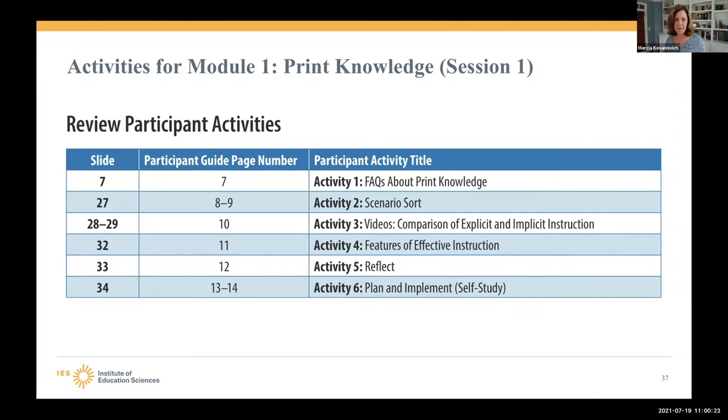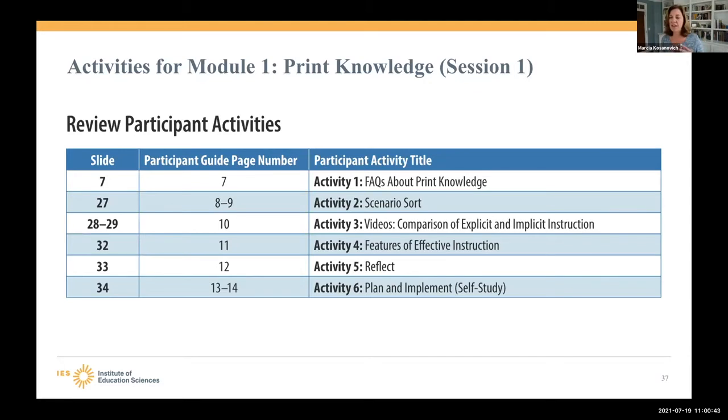And then page 11 is activity 4, features of effective instruction, which Carly had us look at. And then activity 5 is reflect, and that's on page 12. So participants reflect on what they learned that day. And then activity 6 is the plan and implement self-study.